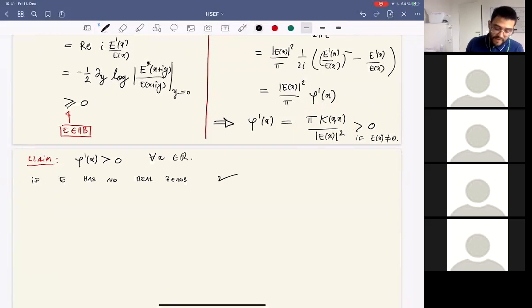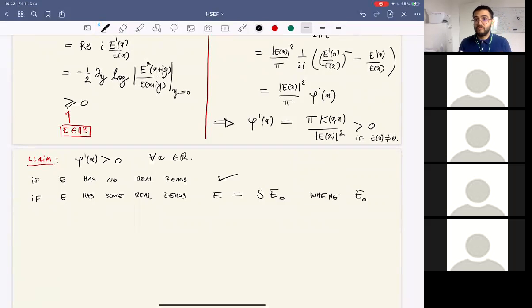If E has real zeros, then you can write E as some S times an E naught, where S just takes all the real zeros of E, and so therefore it will be only real entire, and therefore won't destroy the property of being Hermite-Biehler of the function E naught.